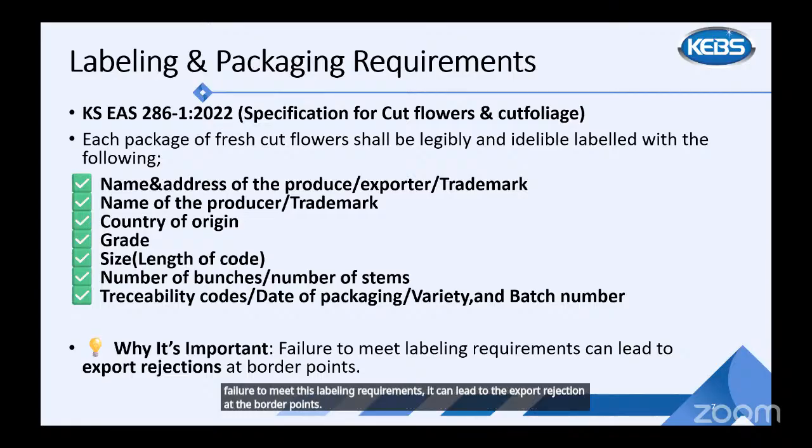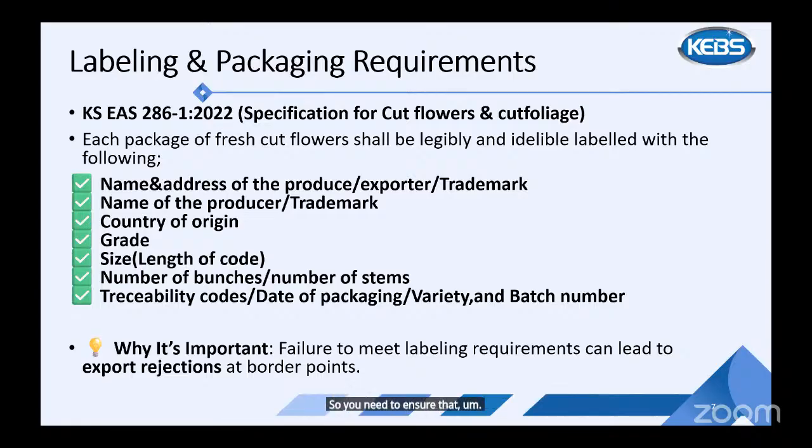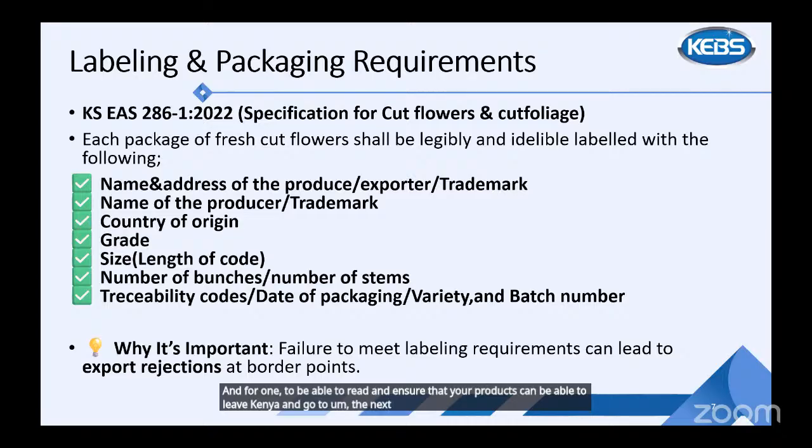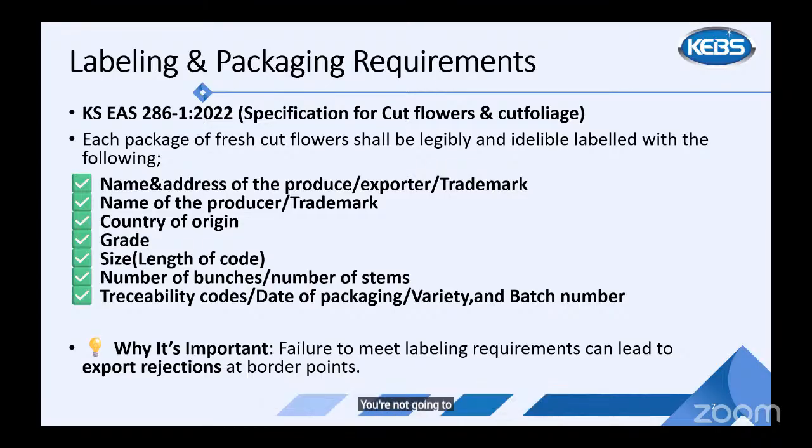You need to ensure that your flowers have all this information that is very legible, and for one to be able to read and ensure that your products can leave Kenya and go to the next country. Because if you don't meet this requirement, it means that you're not going to export your product to the same countries.